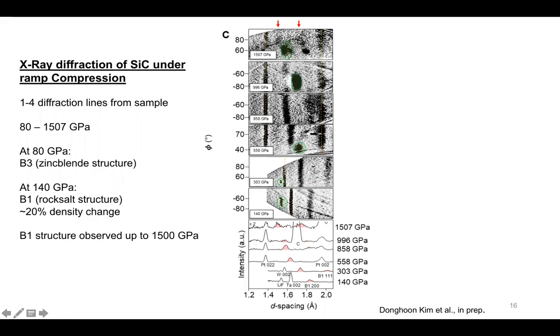But you also see another line coming in here, the 111 line that we sometimes see. The golden dashed lines, orange, I guess, are pinhole materials. And the green circles represent basically diffraction spots from single crystal like diamond or lithium fluoride.